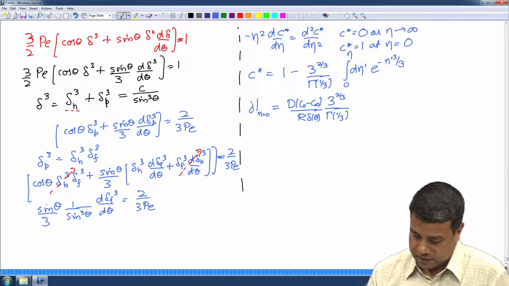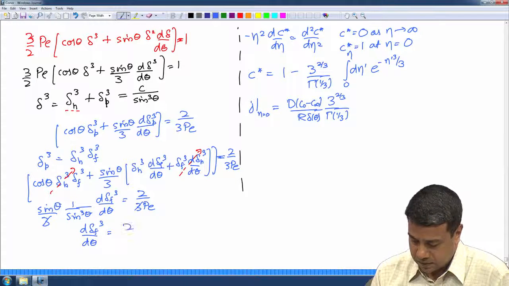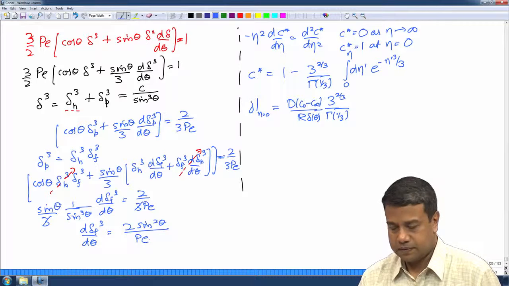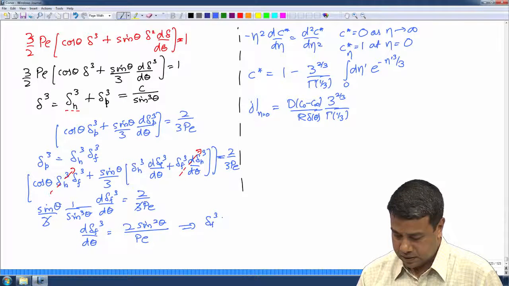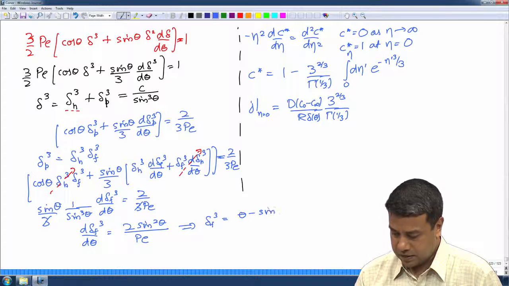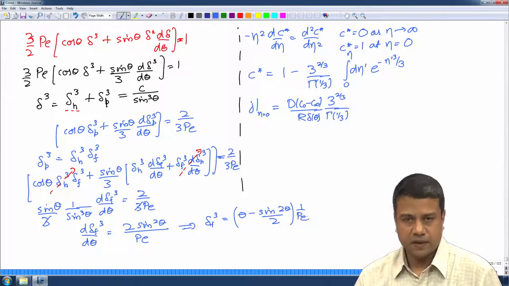So, therefore, these 3's will cancel out and I will get d delta f cubed by d theta is equal to 2 sin square theta divided by the Peclet number. And this gives us a solution, delta f cubed is equal to theta minus sin 2 theta by 2, times 1 over Pe.